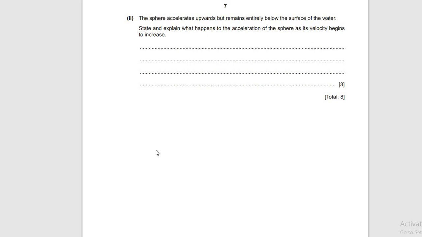So in this question, remember the question said that the sphere remains entirely below the surface of the water. Let's say a skeleton diagram. This is the water here, and this is the sphere.